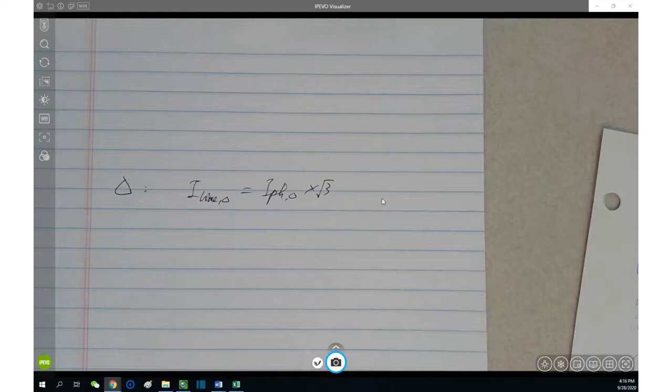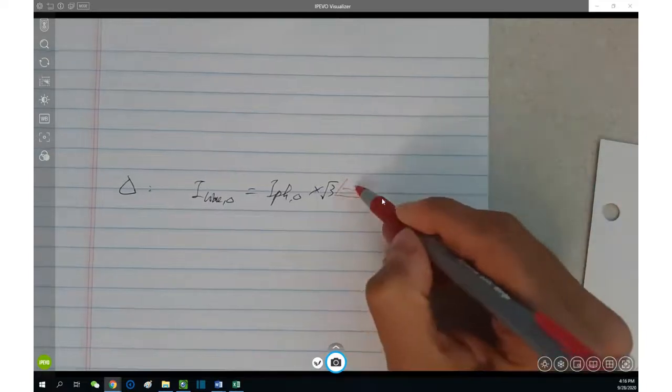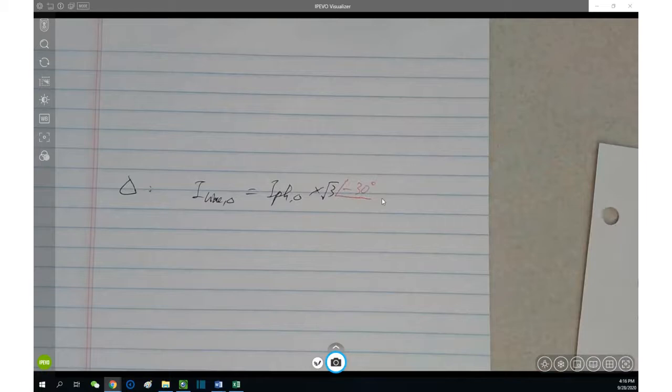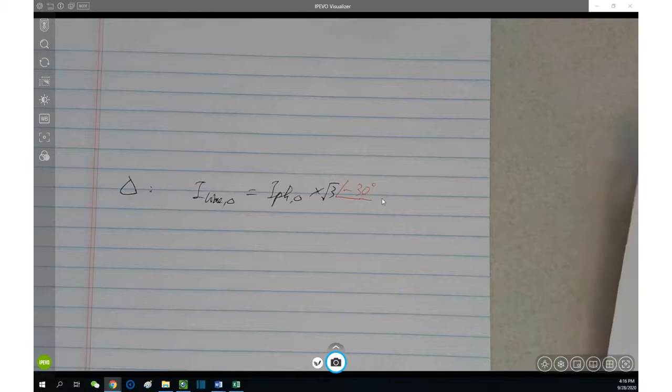No. You're missing a negative 30 degree. On your quiz, I wrote that the formula is not complete. For delta load, the line current equals the phase current times square root of 3 with negative 30 degree. I also double checked my notes and the recorded lecture video to make sure I didn't make a mistake like this there. Negative 30 degree.